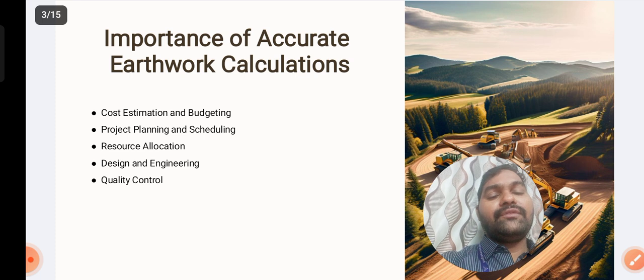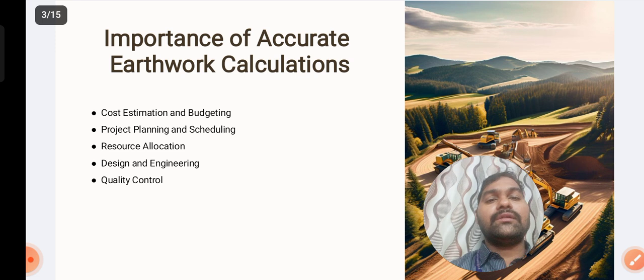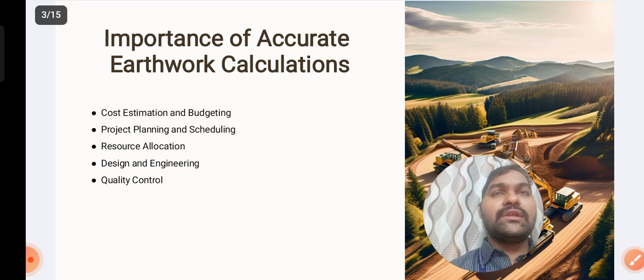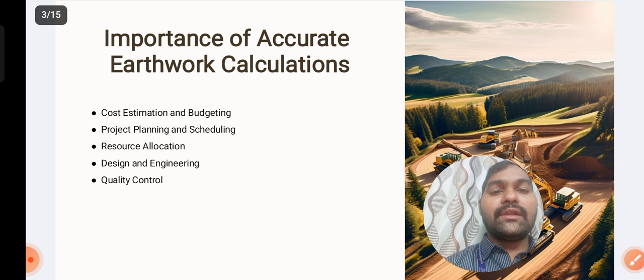And for buildings also, the earthwork quantities are needed. So definitely this is a very important topic. If you know this, then we can go for project planning, scheduling and resource allocation. In resource allocation, first we decide what is needed, what type of tools are needed.